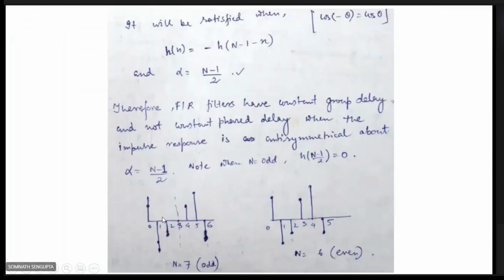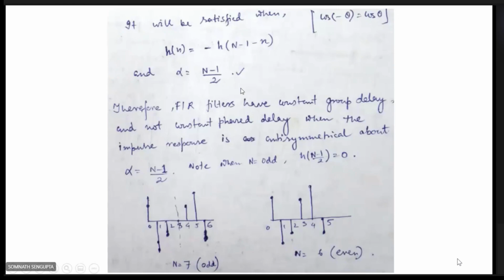h(n) अगर antisymmetric है, मतलब with respect to the center of symmetry, उसका वैल्यू इक्वल एंड ऑपोजिट होगा. सो इक्वल एंड ऑपोजिट होगा, तब क्या होगा, कॉस टर्म तो सेम है, पॉजिटिव मतलब नेगेटिव नहीं हो रहा है. सो इनका इम्पल्स रिस्पॉन्स ऐसा होगा कि ओवरऑल समेशन 0 हो जाएगा. सो इस केस में h(n) को हम लोग लिख सकते हैं, h(n) इज इक्वल टू माइनस ऑफ h(N minus 1 minus n), and center of symmetry is (N minus 1) by 2.